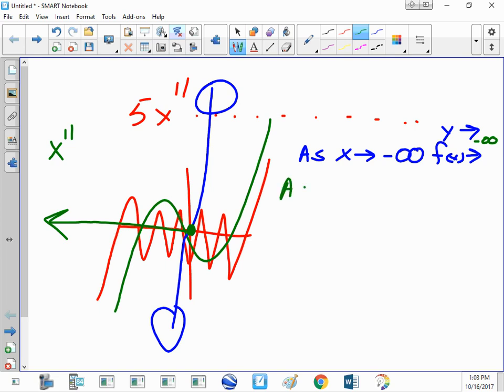And as x approaches infinity, f of x, or y, I can't remember what the book does, approaches positive infinity. And that is called end behavior. And we write it in limit form, which is something you'll see in calculus a lot. As x approaches infinity, f of x approaches infinity.